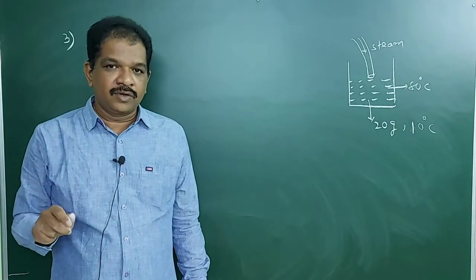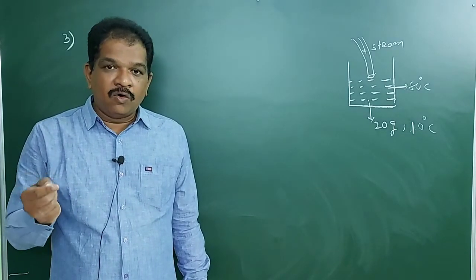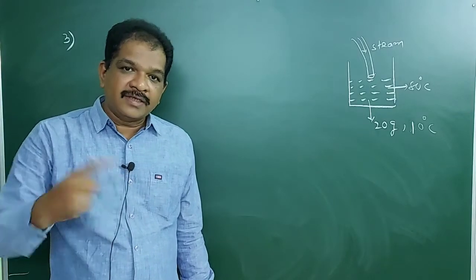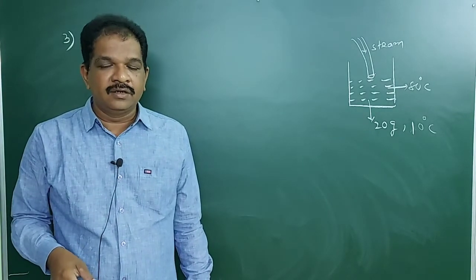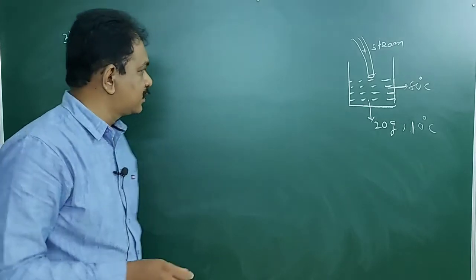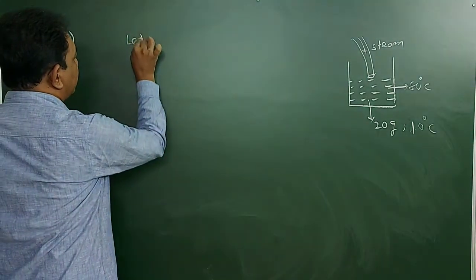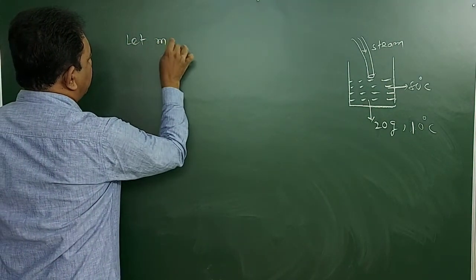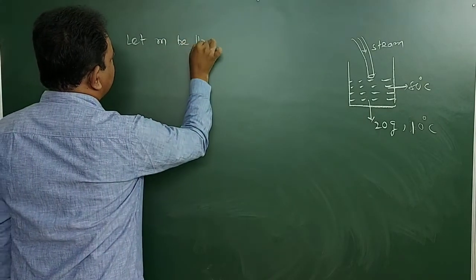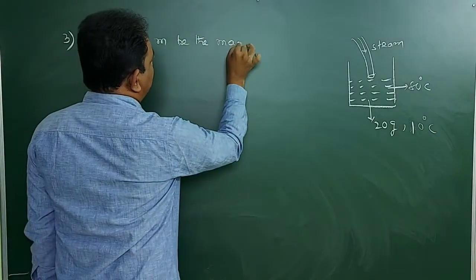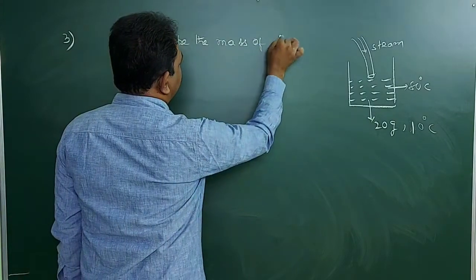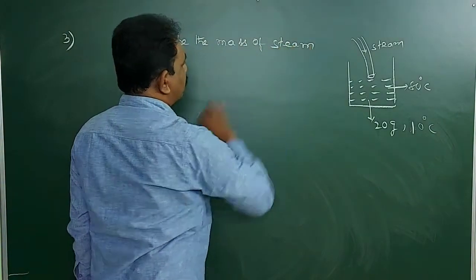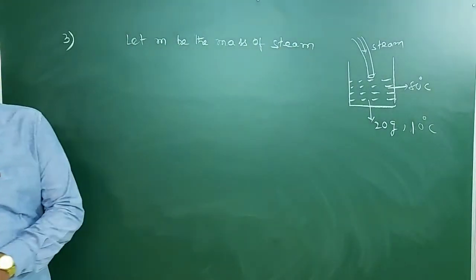Water. Okay. Then how much steam has converted into water? We will calculate first. Let M be the mass of steam.